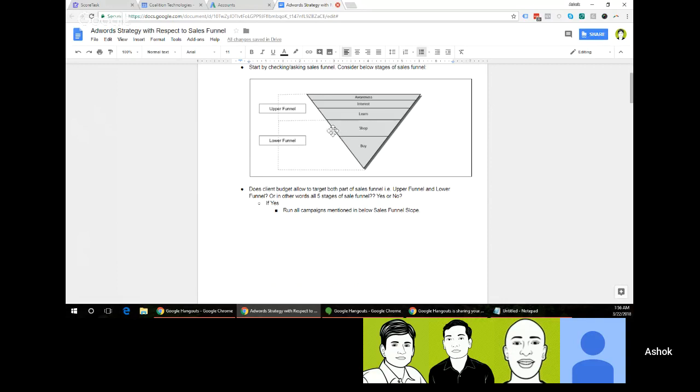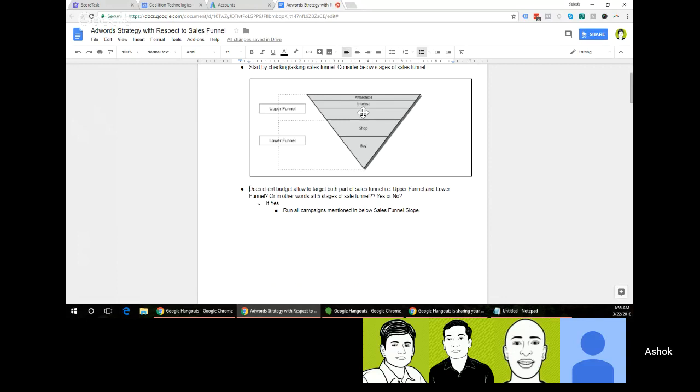Because these are low hanging fruits, we easily get conversions. People easily convert through our campaigns like branded campaigns, shopping campaigns, remarketing, and a couple of high quality non branded campaigns. So we typically get conversions from here, but we hardly target the upper funnel, all these three above stages, except for a couple of clients.